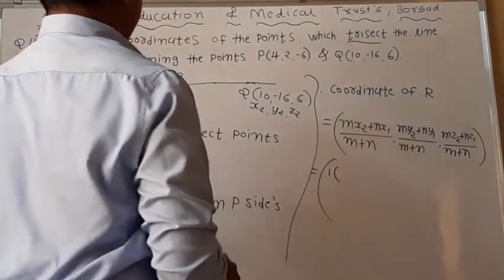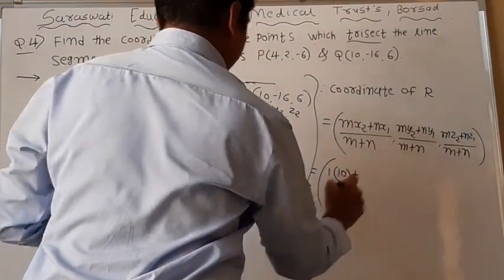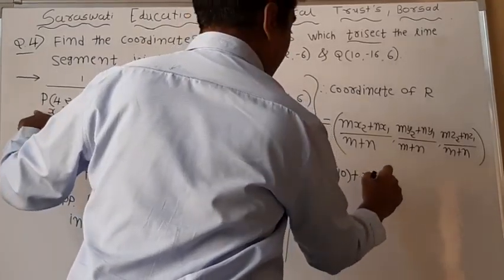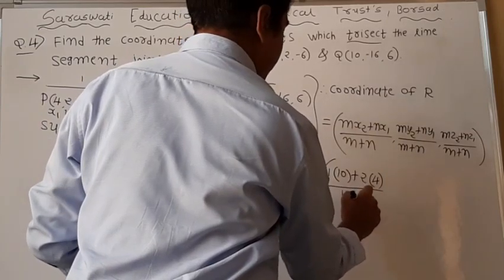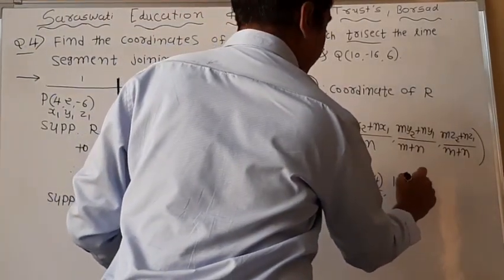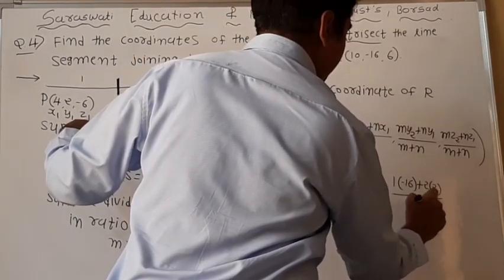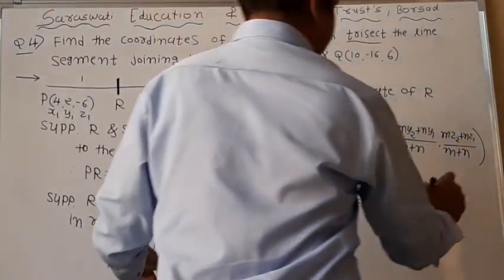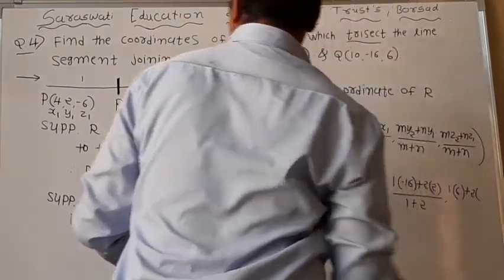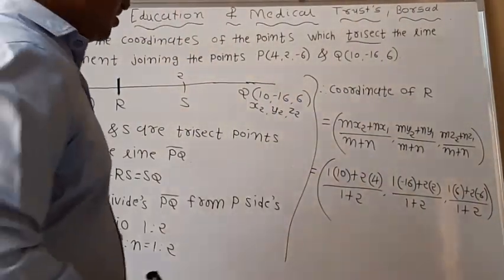So 1 into x2, the value of x2 is 10, so substitute 10 plus 2 into x1, which is 4, upon 1 plus 2, comma, m is 1, y2 is minus 16, n is 2, y1 is 2, upon 1 plus 2, comma, m is 1, z2 is 6, plus n is 2, z1 is minus 6, upon 1 plus 2.